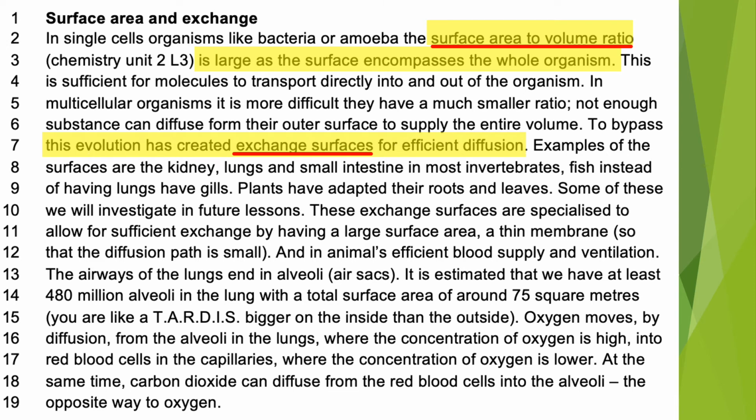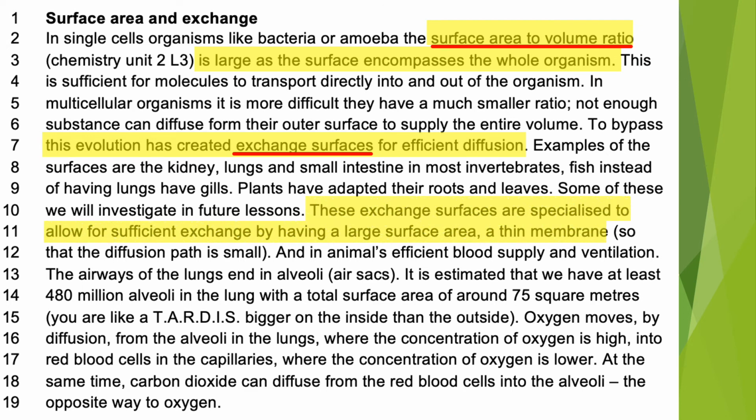And it gives you a few more examples other than the lungs. Examples of exchange surfaces are the kidney, lungs, and small intestines in most vertebrates. Fish, instead of having lungs, will have gills. And then obviously in plants, their roots and leaves have little holes on them to allow them to exchange gases much better. Okay, so let's continue on line 10.